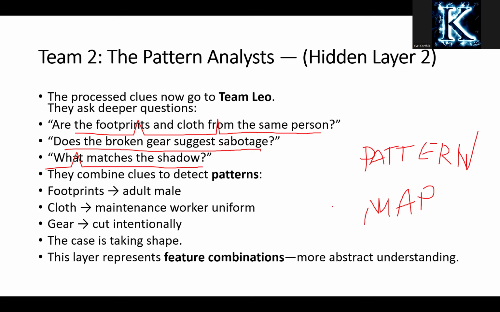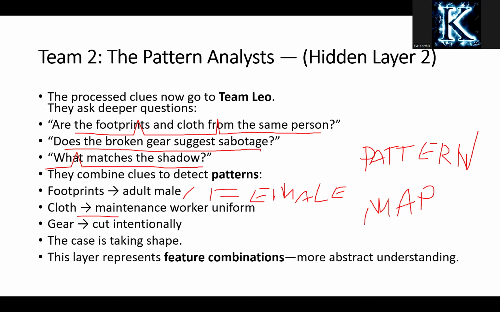That means in the second hidden layer, we are going to investigate the whole case with all these instructions. So whether the footprints belong to a male or female, this is to be identified first. These are to be trained with the help of the model that we are going to build in the second process.